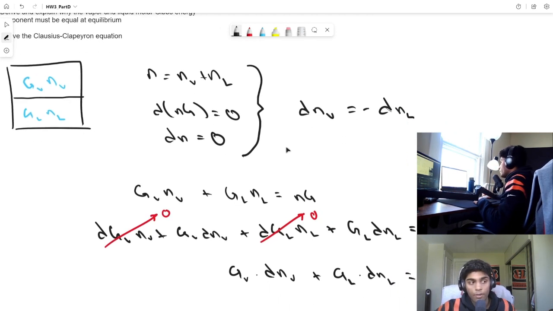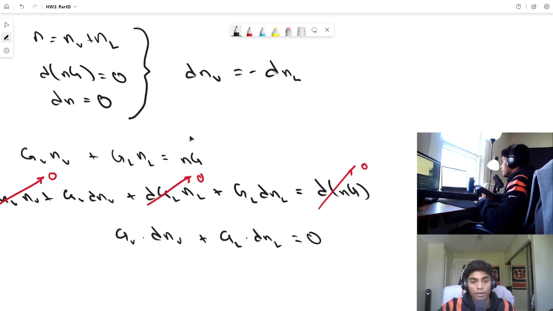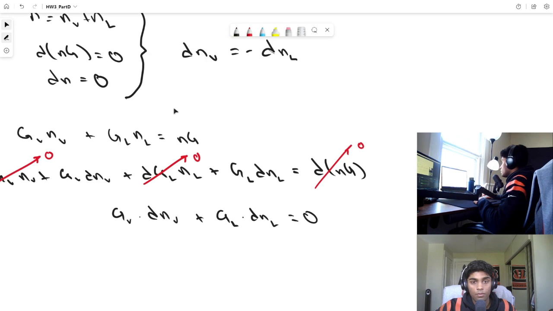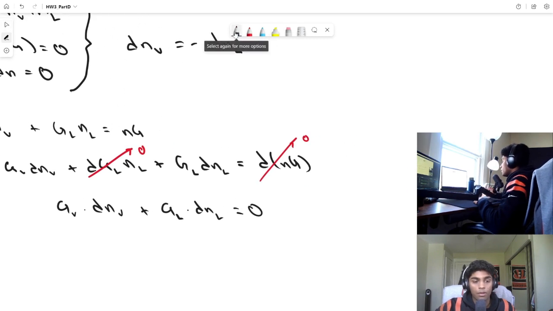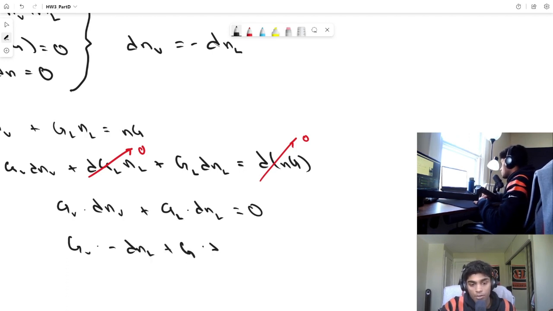So if we make that simplification down here, we get something that looks a little like this, where we have GV times the negative of dNL plus GL times dNL equals 0.